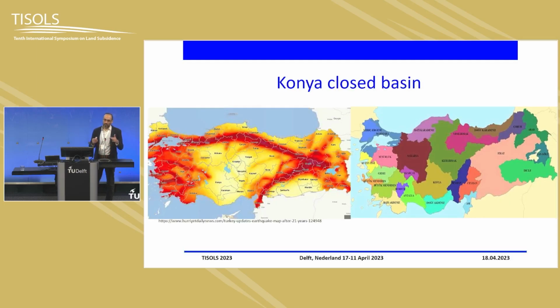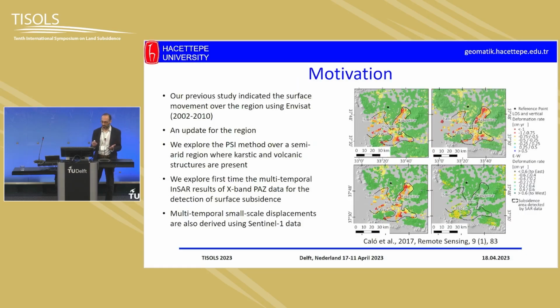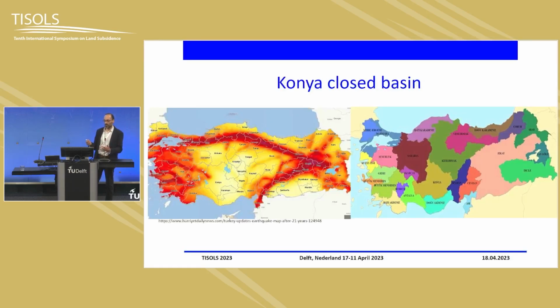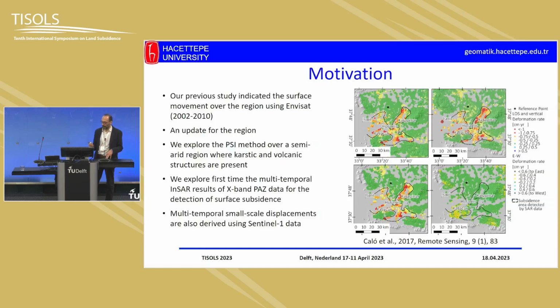If you look at Turkey in general, we see that the risk is mostly caused by earthquakes. This shows the fault mechanism of Turkey, and mainly the center looks safe, but in this part the problem is actually the subsidence. There are 26 sub-basins in Turkey, and one of them is Konya, at the center of Turkey.